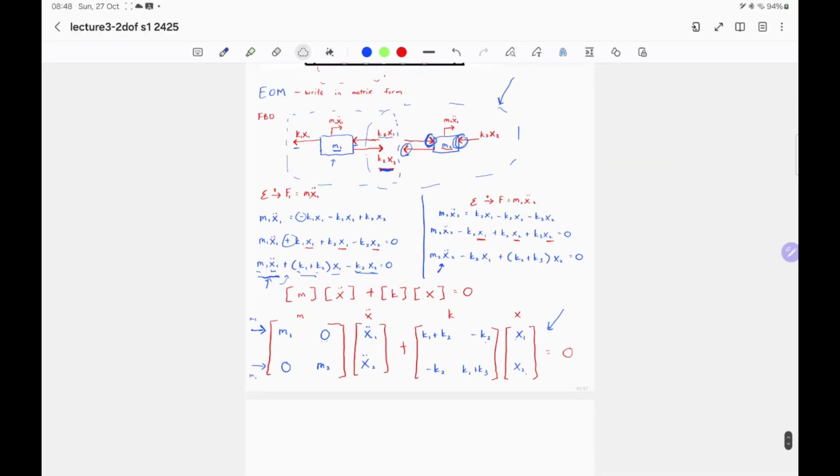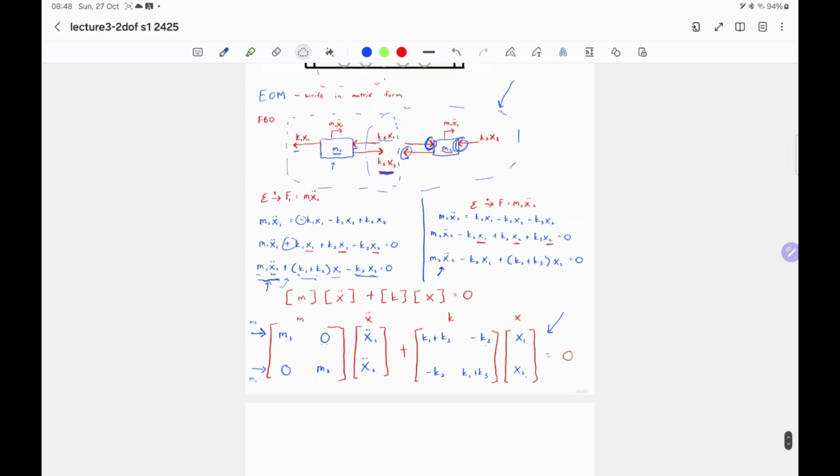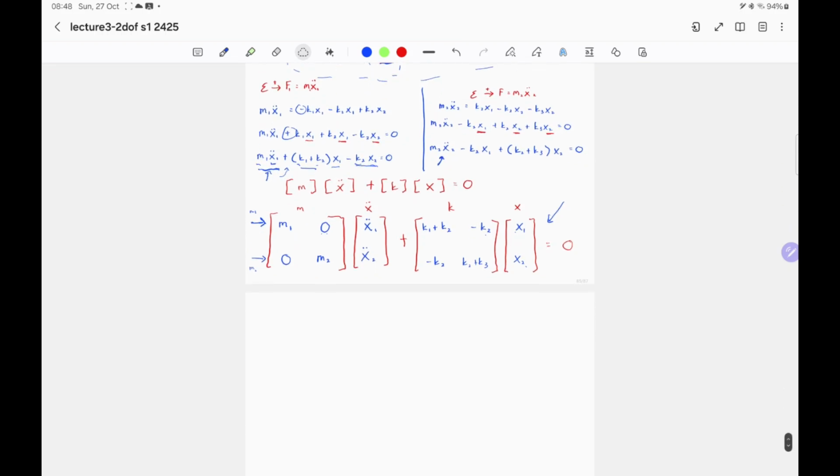Alright, so in the previous video, we looked at how we determine the equation of motion in matrix form. I forgot to mention that sometimes the question asks us to determine the equation of motion in matrix form with all known values.